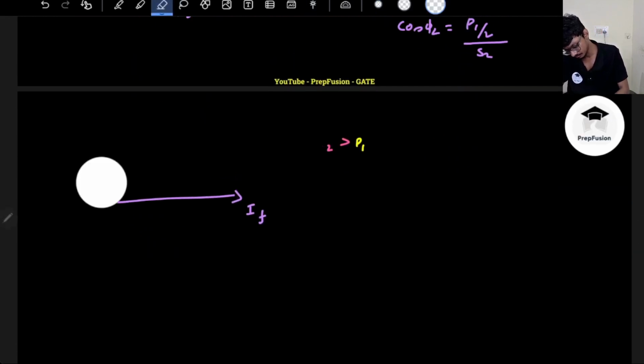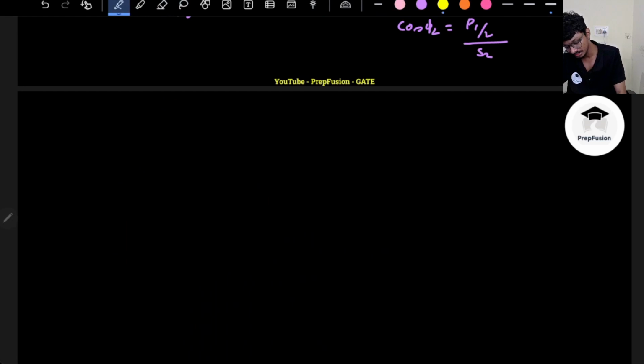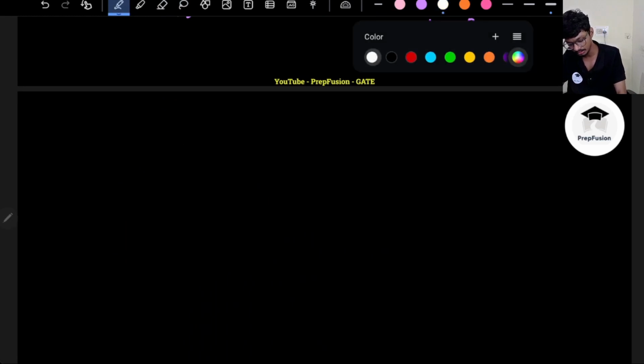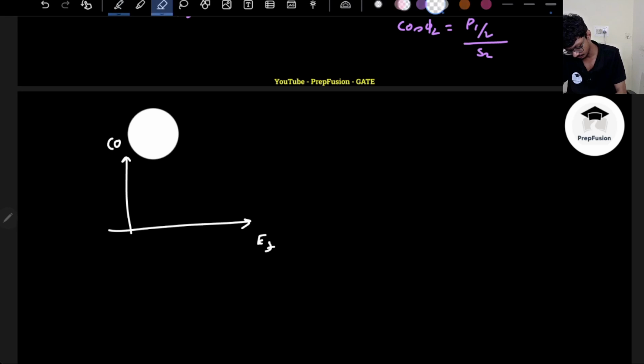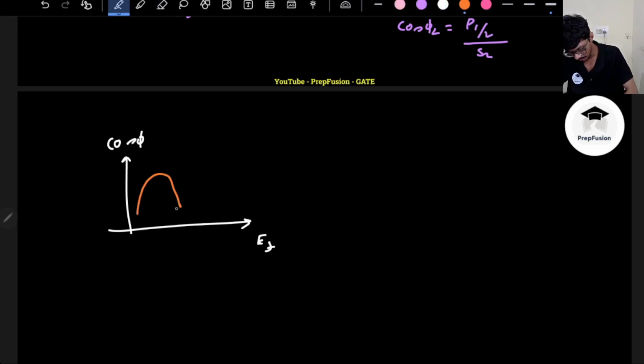What we just decoded: if I increase my power, this is my excitation EF, and this is my power factor cos phi. If this was the graph for P1, the graph will just shift to the right-hand side.